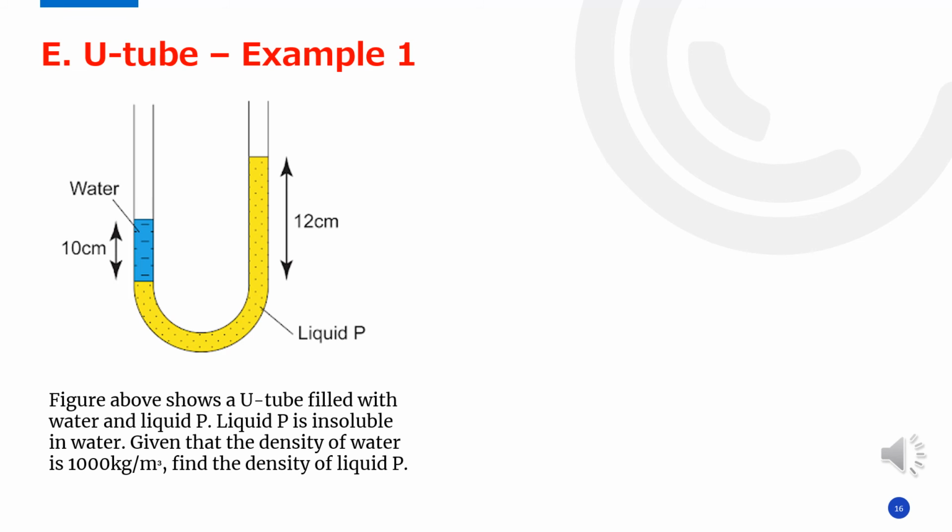Find the density of liquid P. Alright, first we can write h1 is 10 centimeters, h2 is 12 centimeters, rho 1 is 1000 kg per meter cubed. So we have to find out rho 2.